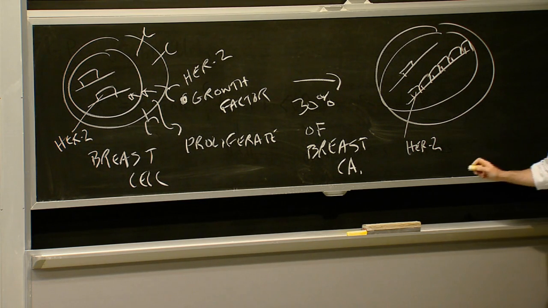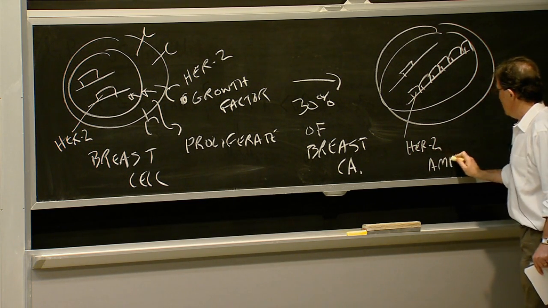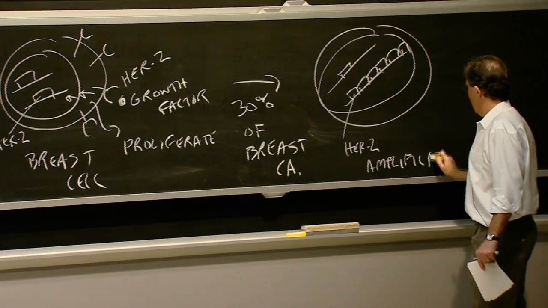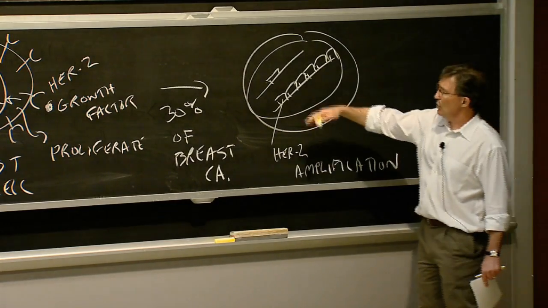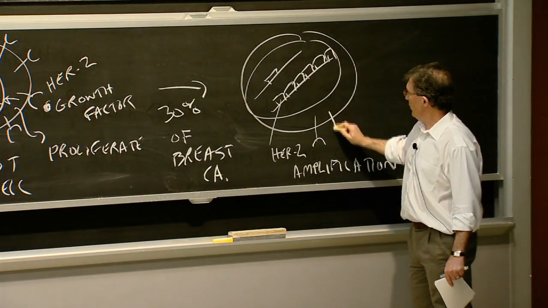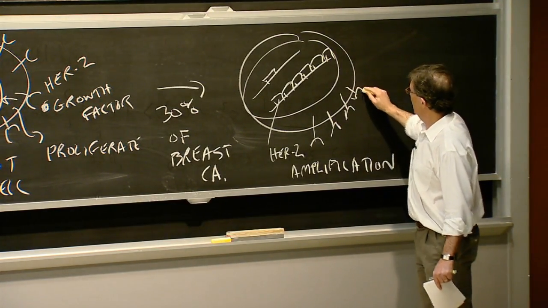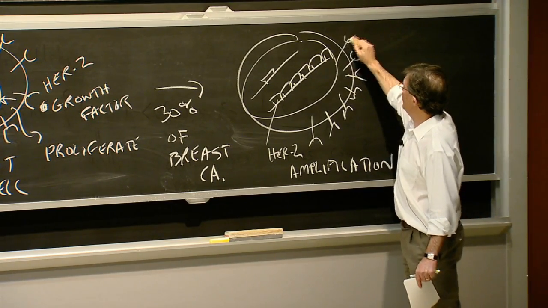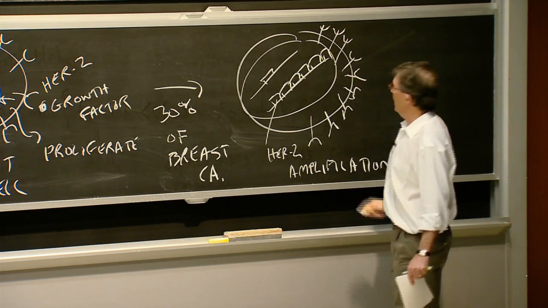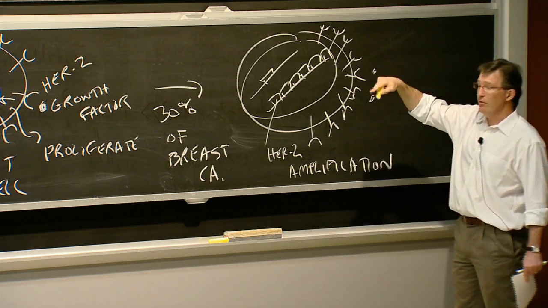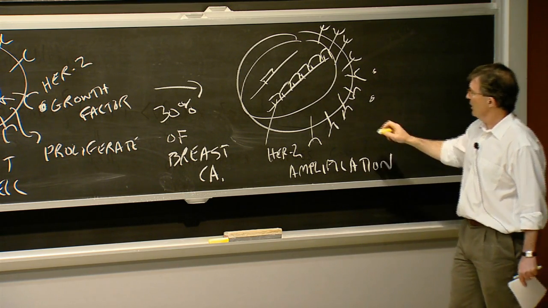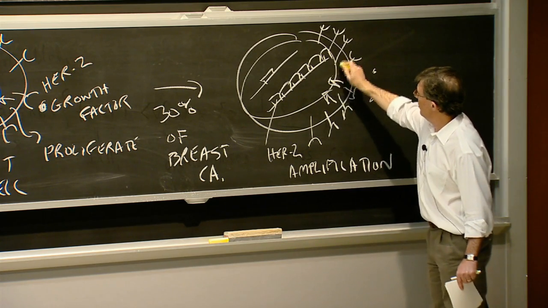Amplification. This is a mechanism by which oncogenes get activated. Too many genes, too many proteins. This cell now has way too much of that growth factor receptor on its surface. And in the presence of the same concentration of the growth factor itself, we get a much stronger signal.